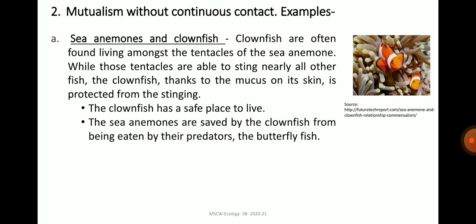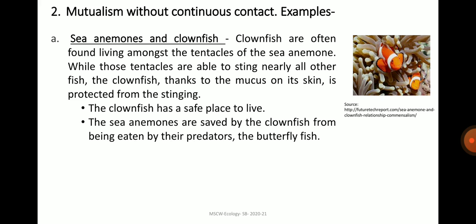So second type of mutualism is mutualism without continuous contact. The example for this being the sea anemones and clownfish. So clownfishes are often found living amongst the tentacles of sea anemone.